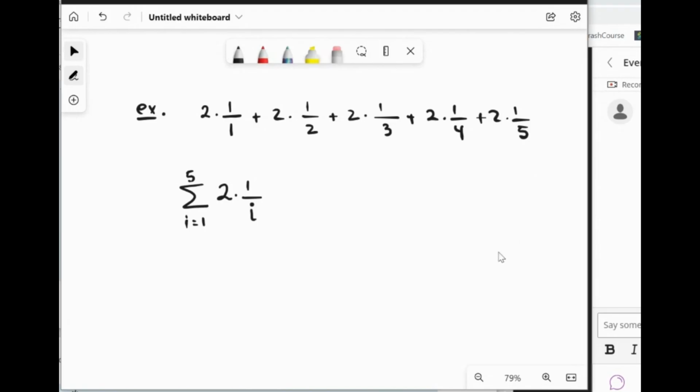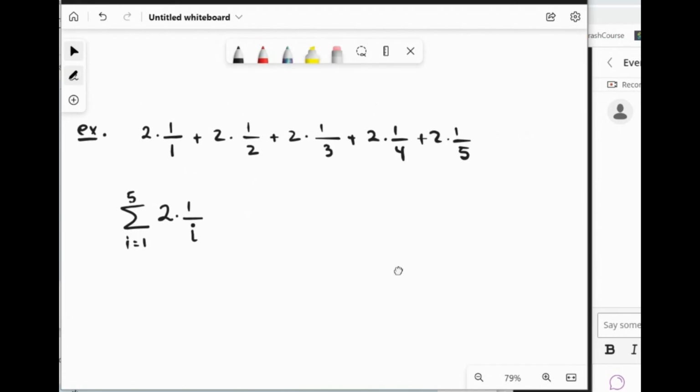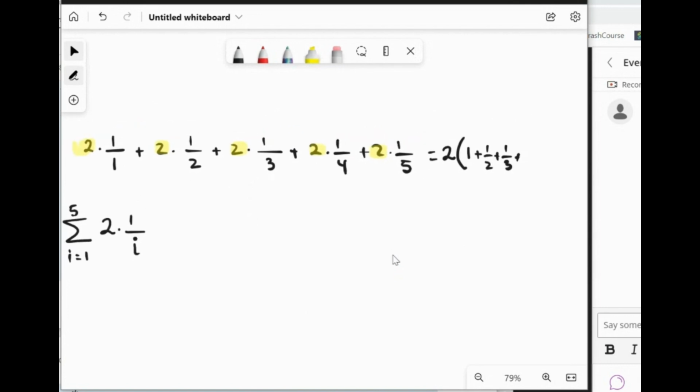But just look at the top expression. We see 2's appearing in each term. Well, you can just factor it out. So you can say this is 2 times 1 plus 1 over 2 plus 1 over 3 plus 1 over 4 plus 1 over 5.